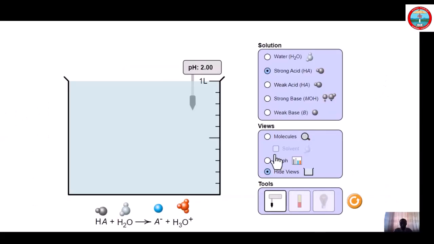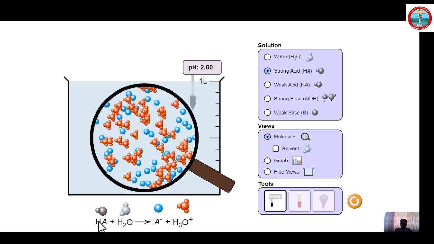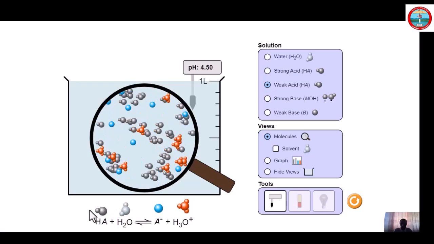Let me explain this simulation for strong acid. At the molecular level, when this acid is dissolved in water, it produces this anion and this cation, but no such molecule remains, because this is a strong acid, so it completely dissociates. But if the acid is weak, when this acid is dissolved in water, some acid is left over undissociated.